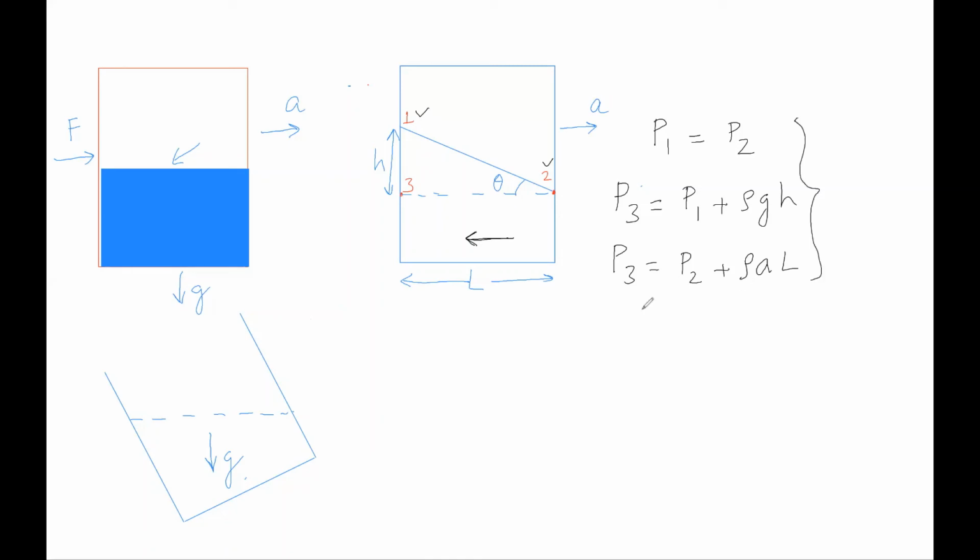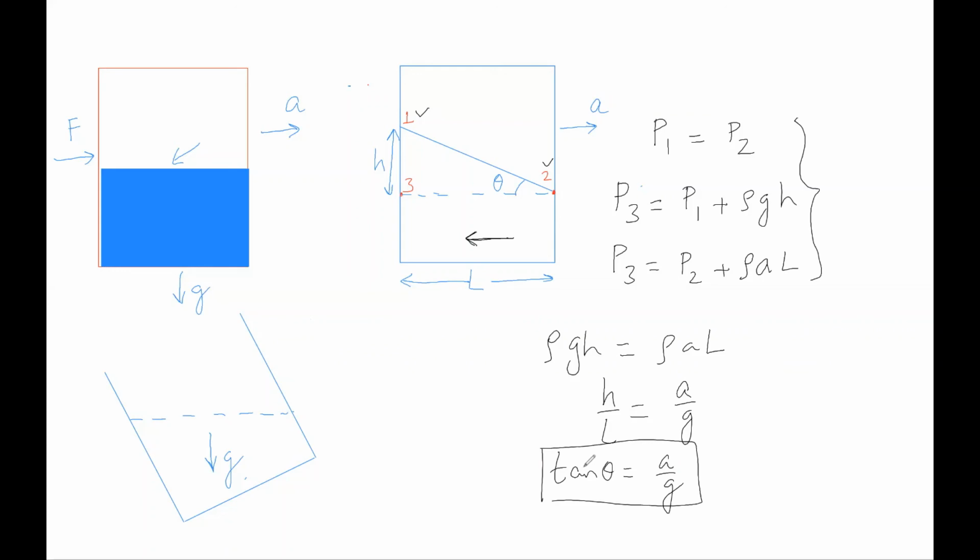By comparison of these equations, we can immediately write rho g h is equal to rho A L. From this, we can simplify to h by L is equal to A by g. Referring to the right angle triangle marked by 1, 2, 3, h by L can be written as tan theta. Therefore, I get tan theta is equal to A by g. This is the derivation we wanted to find out.